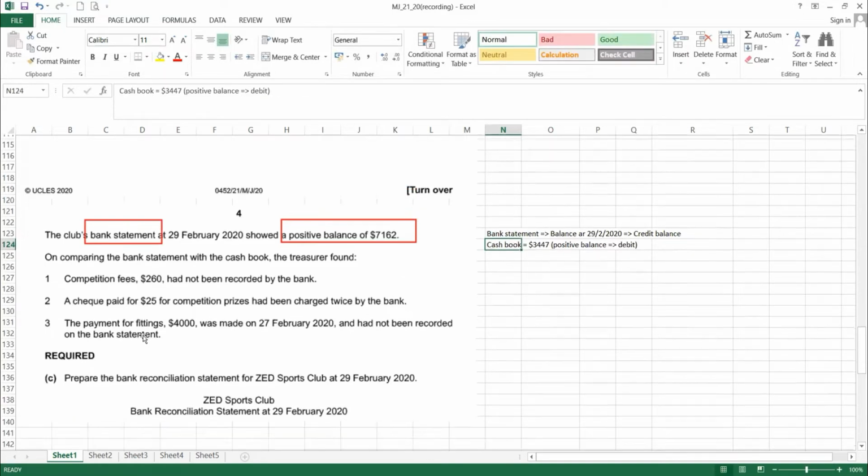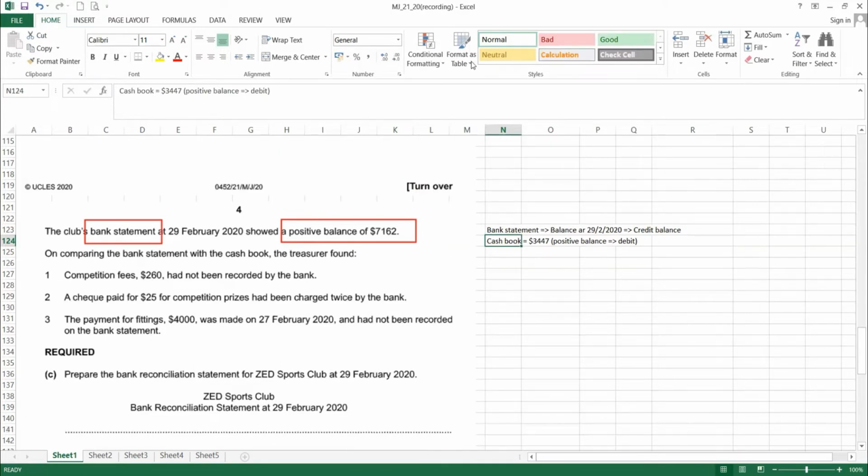Now next is the question. Competition fee 260 has not been recorded by the bank. So this wording, has not been recorded by the bank. Competition fee 260. This is the amount. This one, let's see.